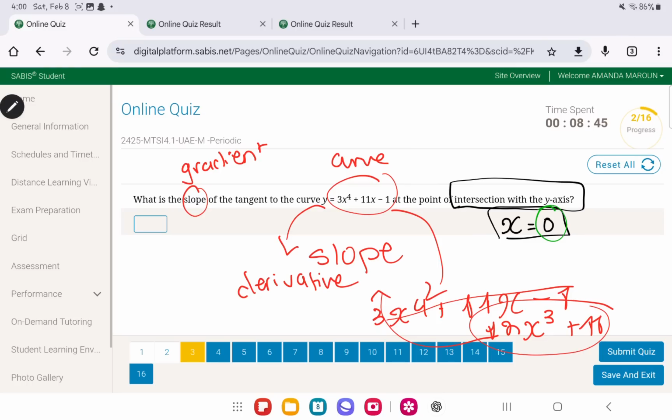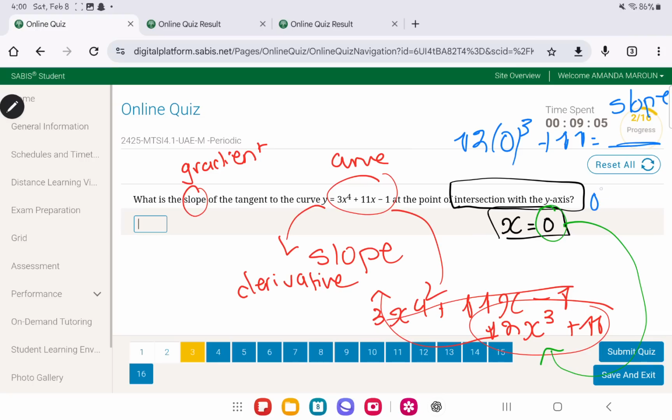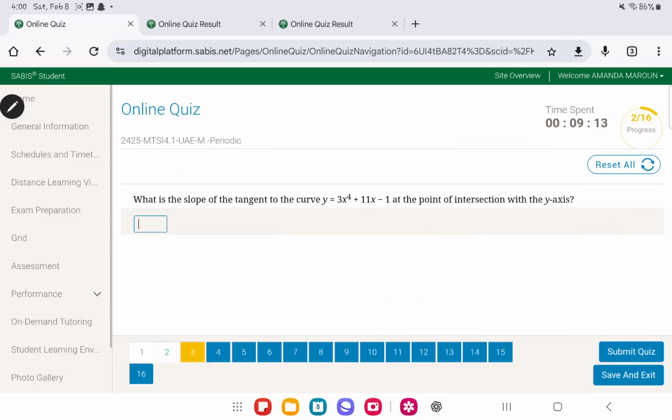So right now, the only thing we're gonna do is substitute x by 0. So we will get 12 times 0 to the power of 3 plus 11, which is our slope. Okay, so 0 plus 11 is equal to slope. So slope is equal to 11. And very simply, the answer over here is 11.